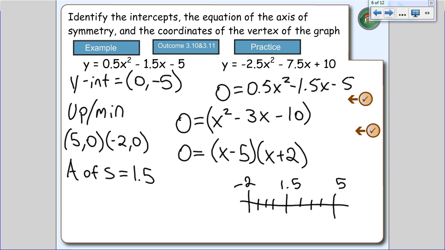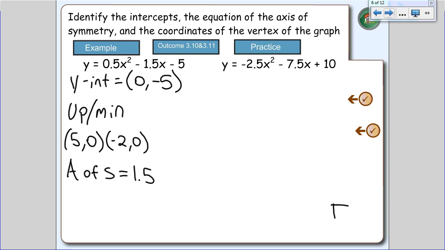Find what you get for y. So, y is equal to 0.5 times 1.5 squared minus 1.5 times 1.5 minus 5. Someone tell me what you get.